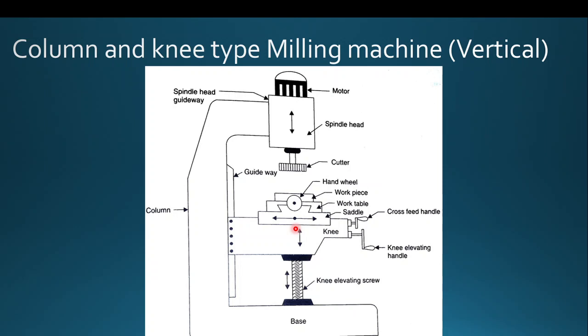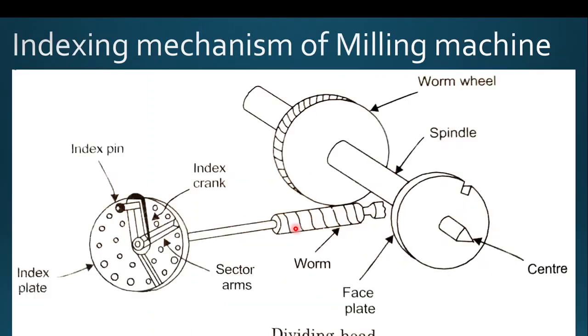And the next important part in the milling machine is the indexing mechanism. The indexing mechanism is an important part in the milling machine. Actually, in the semi-automatic lathes, we discussed the indexing mechanism, the Geneva mechanism. Like the Geneva mechanism, here in milling machines we have an indexing mechanism which is used to rotate our workpiece after every successive cut made by the milling cutter.